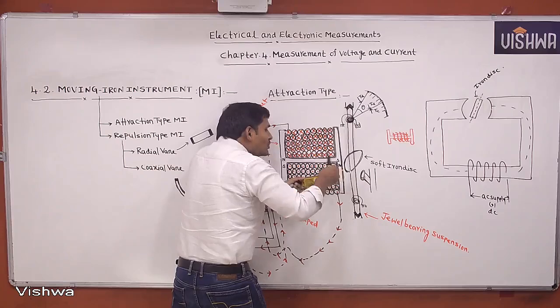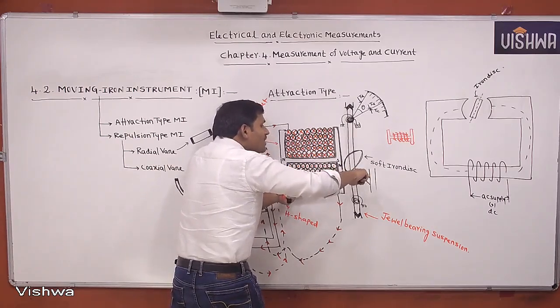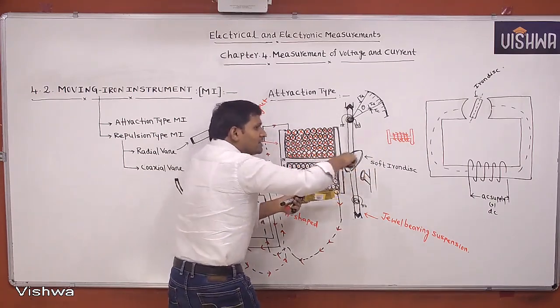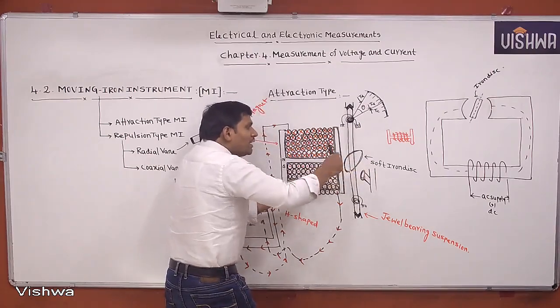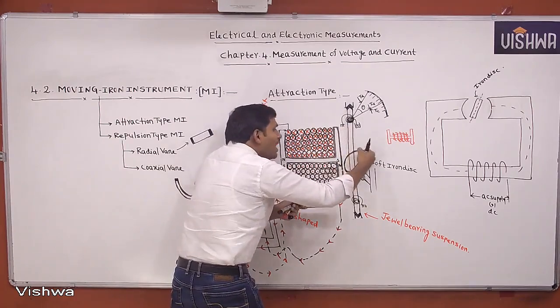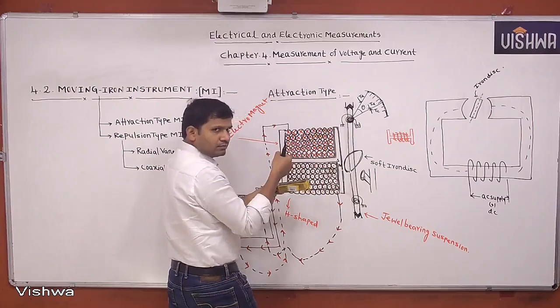Because this force acts as a twisting force on the iron disc, the iron disc starts to rotate like this. Yes, sir. When the iron disc is rotating, because the spindle is fixed to the iron disc, the spindle also rotates.